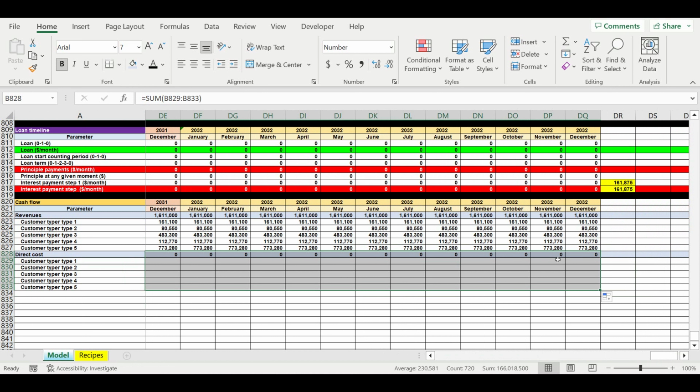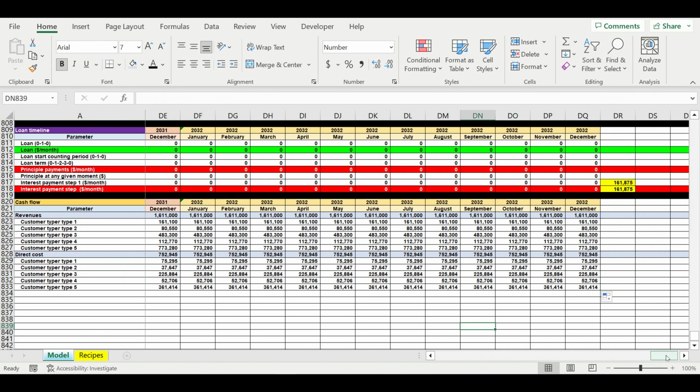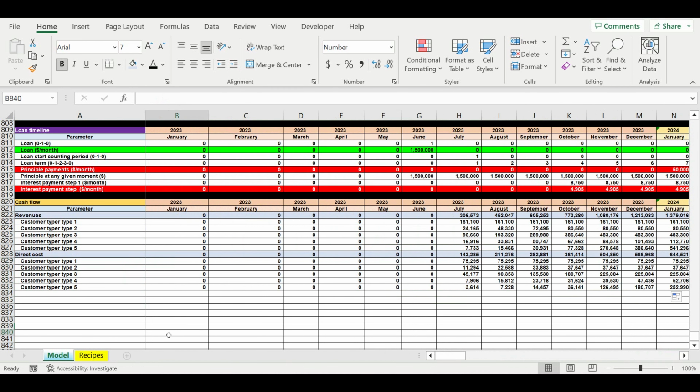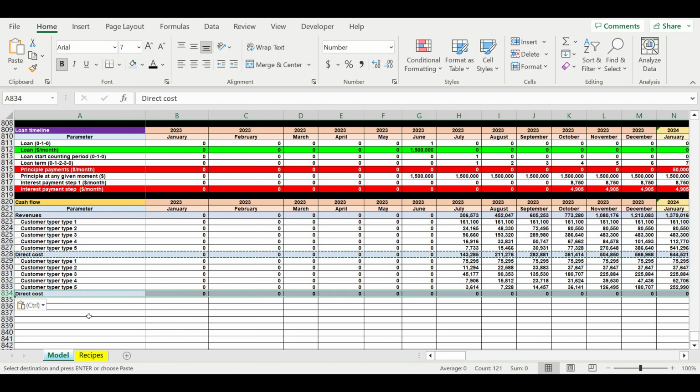Now we are moving to the payroll. So I'm just traveling up. So we can see here the payroll.